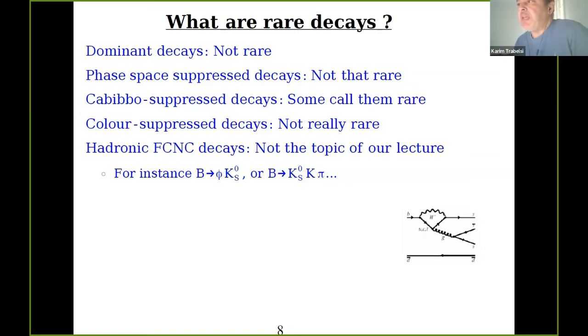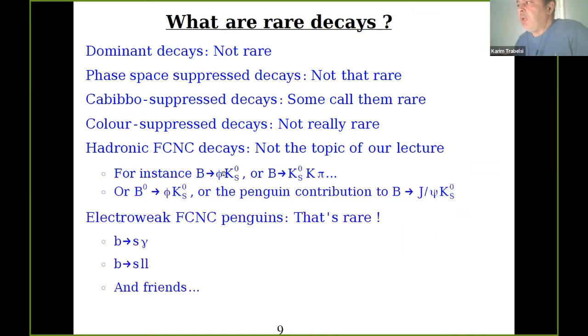There is some interest, a bit similar to the rare decays we will study, and I might mention it in the last lecture. So what I will call rare decays are basically the electroweak penguin rare decays.